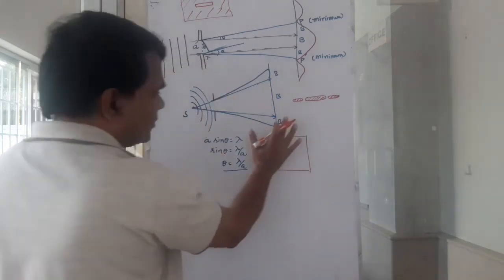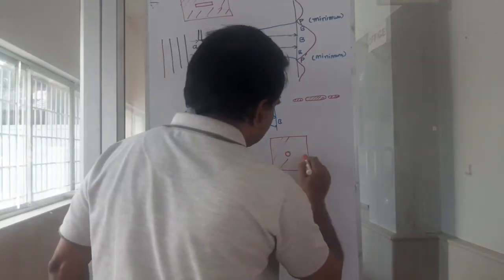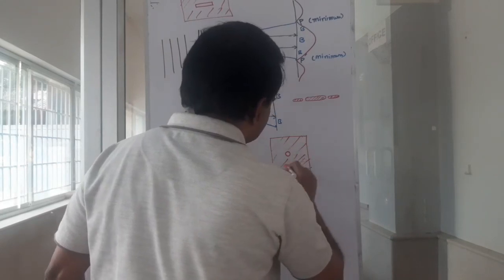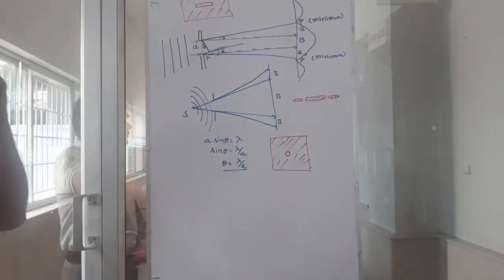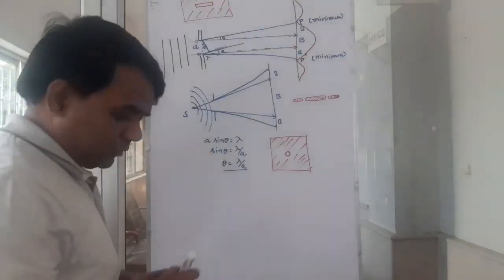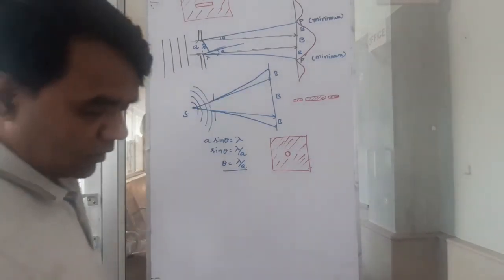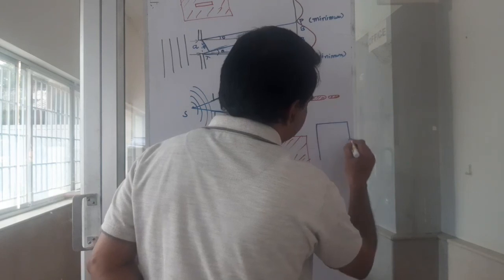Now I'm going to send light through that aperture. So this is the sheet, and this is the circular aperture through which I send the light. Then what do you expect to happen? On the other side of the wall, I'd probably expect to see something like this, right?